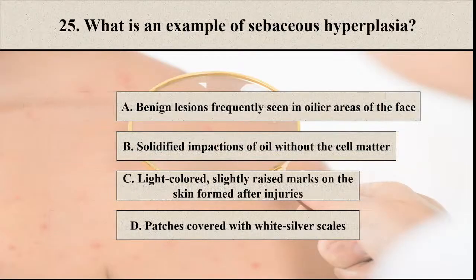What is an example of sebaceous hyperplasia? Is it benign lesions frequently seen in oilier areas of the face, solidified impactions of oil without the cell matter, light-colored, slightly raised marks on the skin formed after injuries, patches covered with white-silver scales?